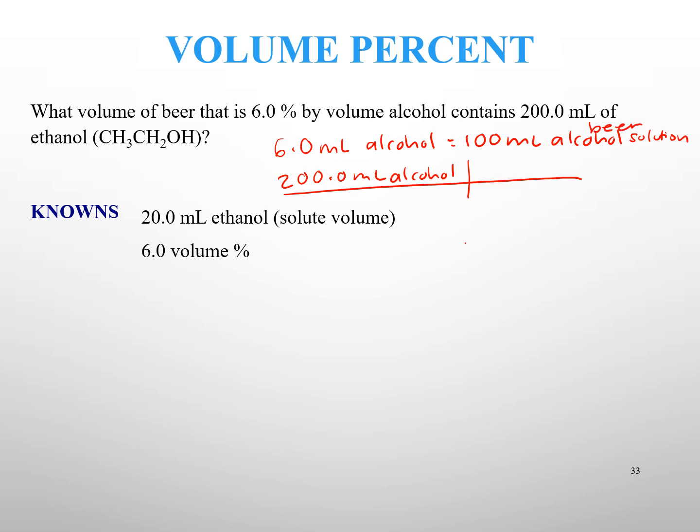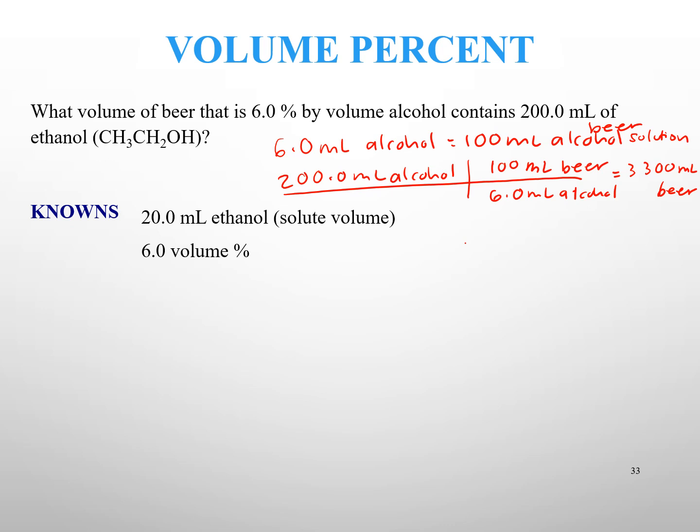Okay, and then you know that 6 mils of alcohol is in 100 mils of beer. So that should give you an answer of 3,333, but since we're just at 2 sig figs, it will be like 3,300. So let's just put that as 3,300 ml of beer.